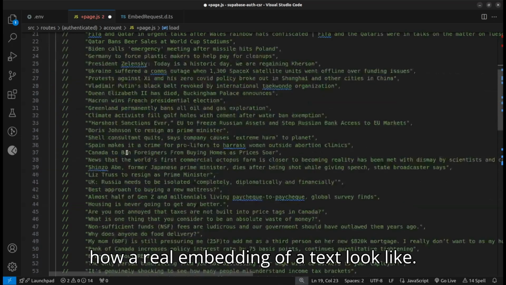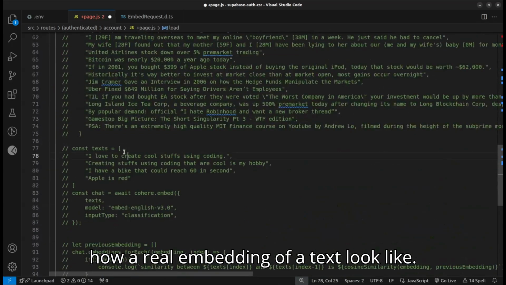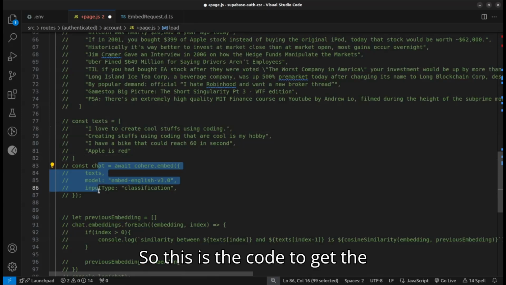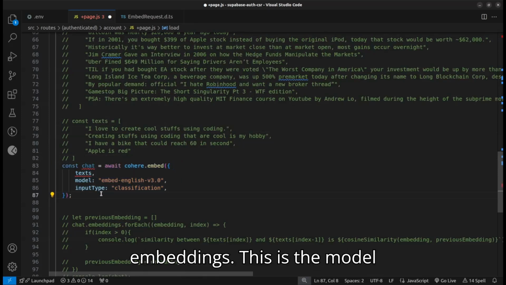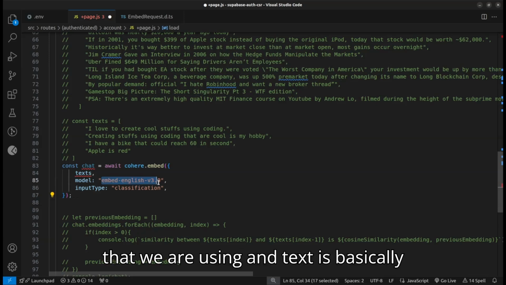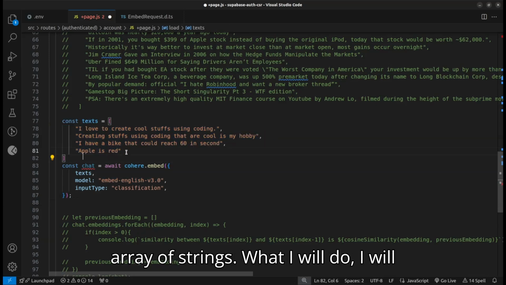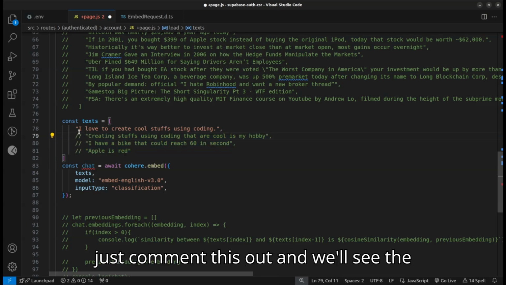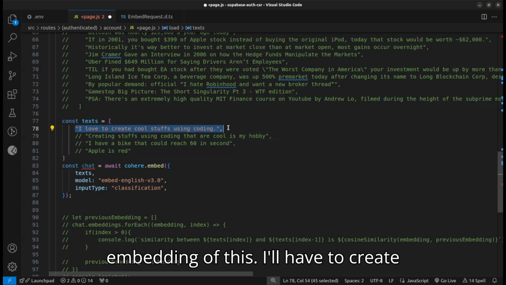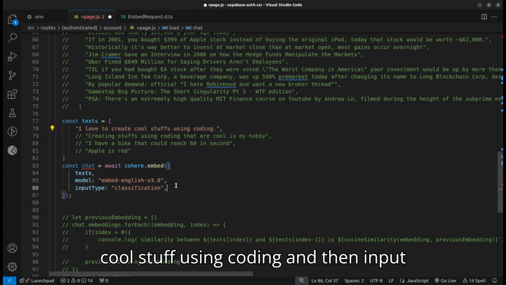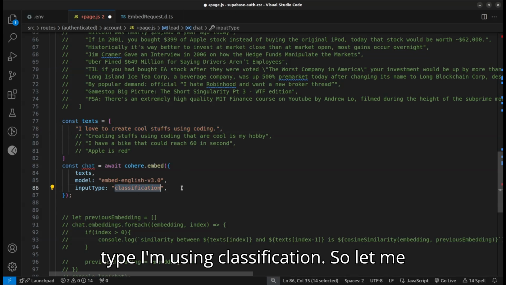Let me show you what a real embedding of a text looks like. This is the code to get the embeddings. This is the model that we are using, and text is basically an array of strings. I will comment this out and we'll see the embedding of this: I love to create cool stuff using coding. And for input type I'm using classification.